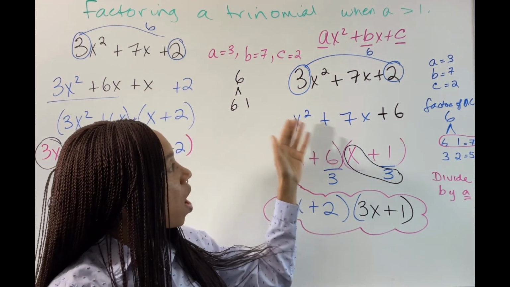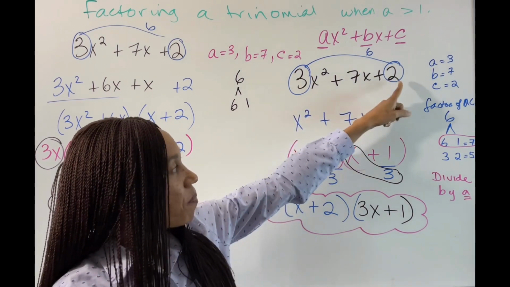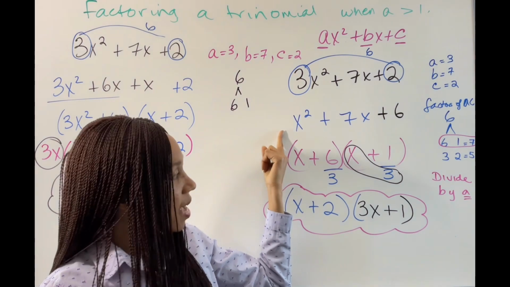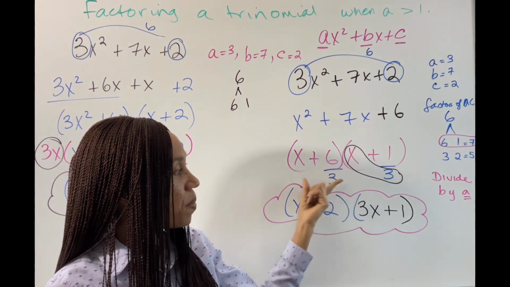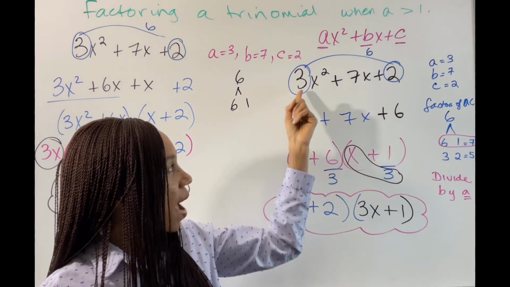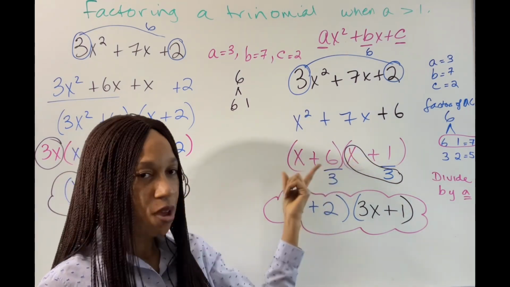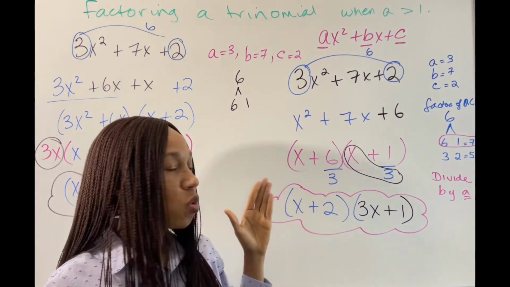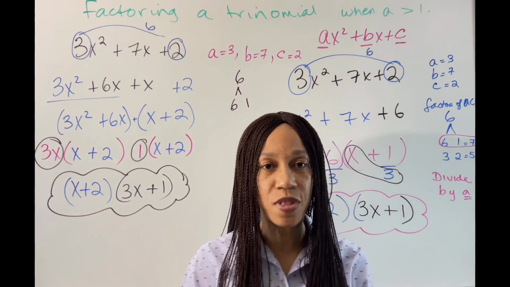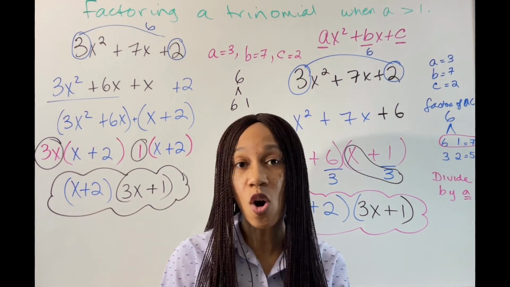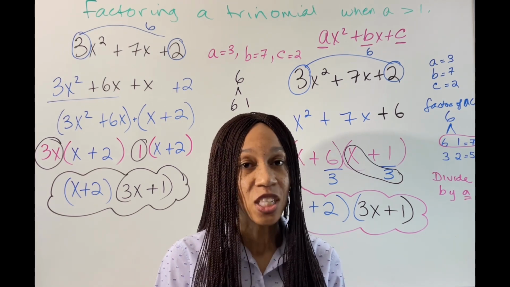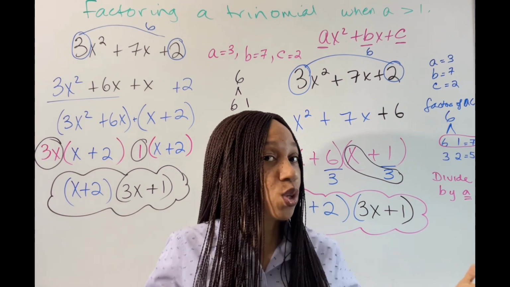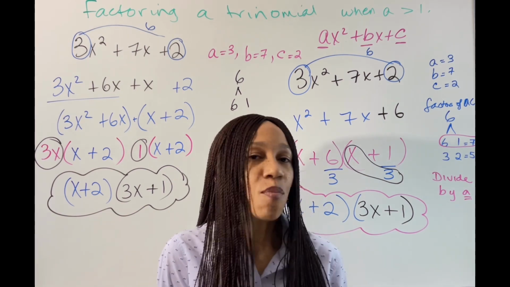But for the other one, you are using the beginning of the ac method, but you're dropping the value for the a, and you are simply dividing each term when you factor it out by the original a. So you can decide which of these two you prefer, and I hope that you will learn both methods so that when you are given a scenario, you can freely choose any one. You show them what you know.